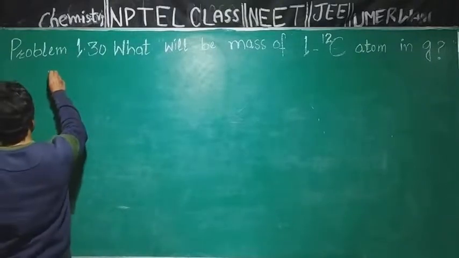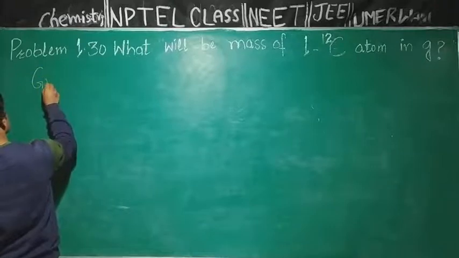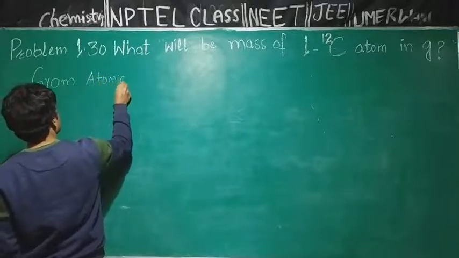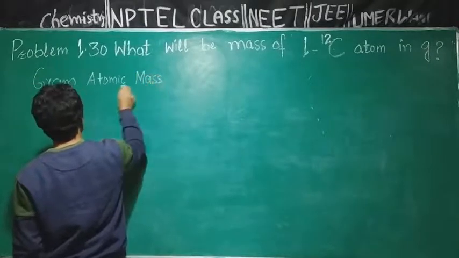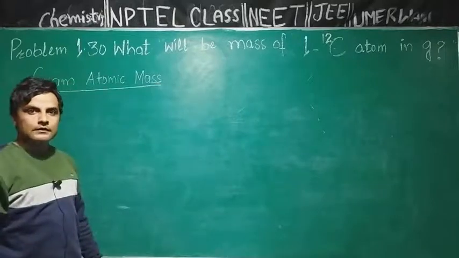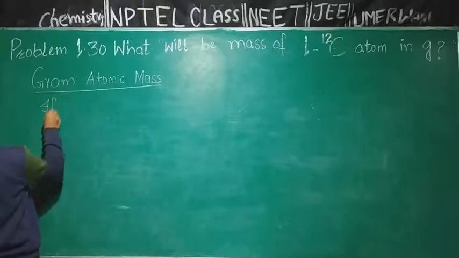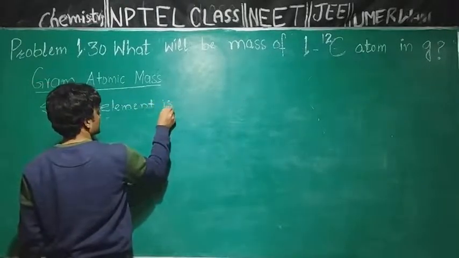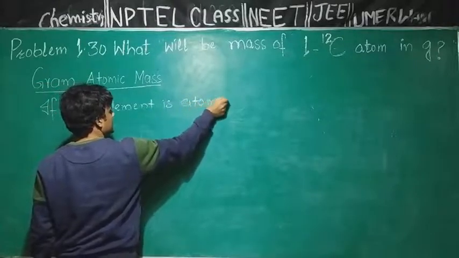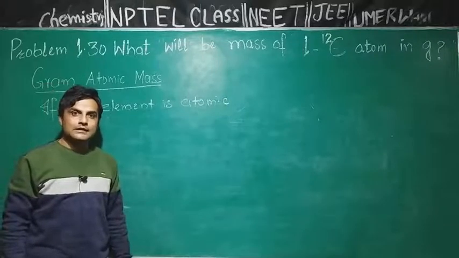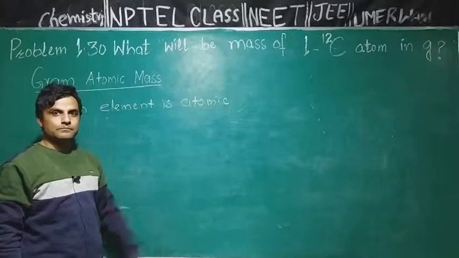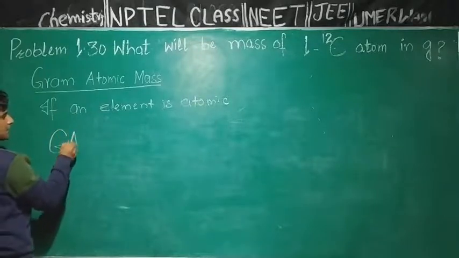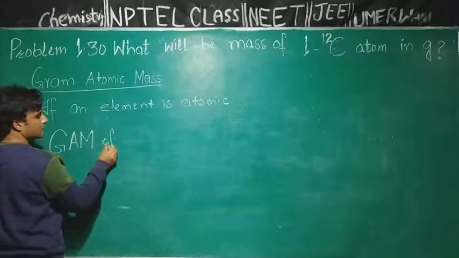And according to the concept of gram atomic mass, if an element is atomic, if the ultimate existing particle of an element is an atom, then in chemistry we say gram atomic mass of this element.